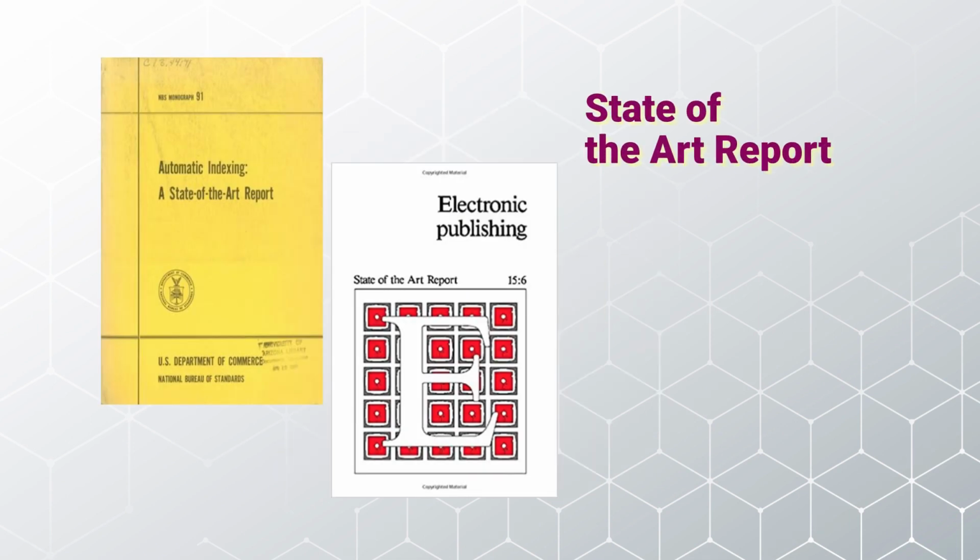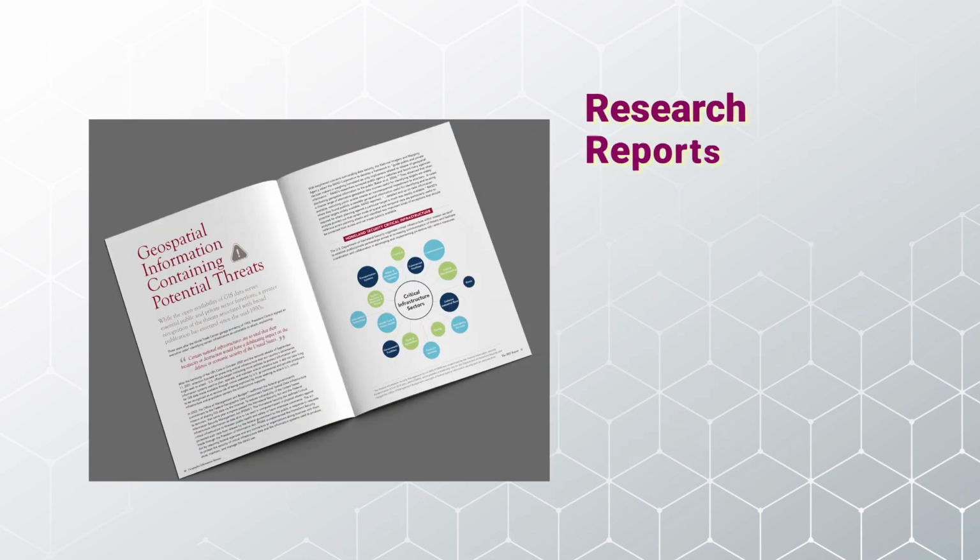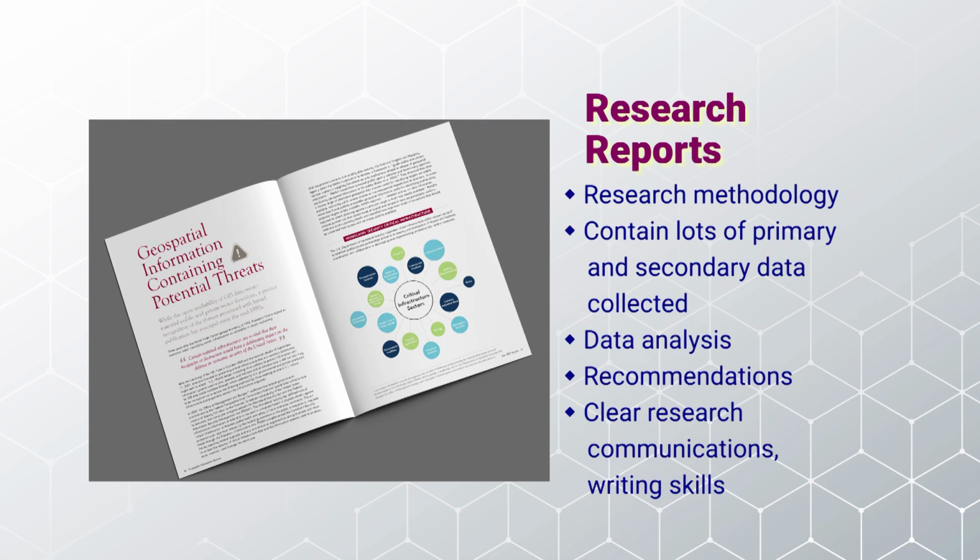These are different types of reports. State of the art reports provide specialized features, topic specific reports and standalone publications. Research report provides you research methodology, data analysis, recommendations and clear research communication writing skills. Those are requirements for providing these services.